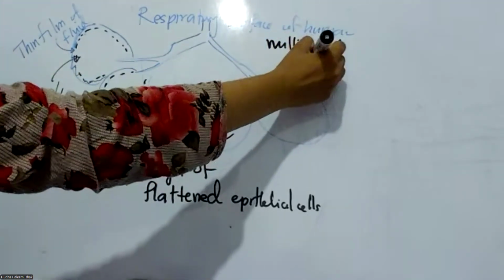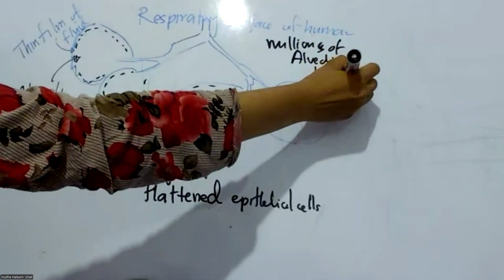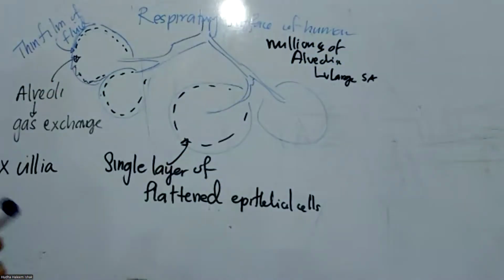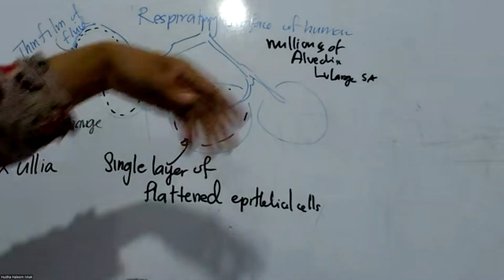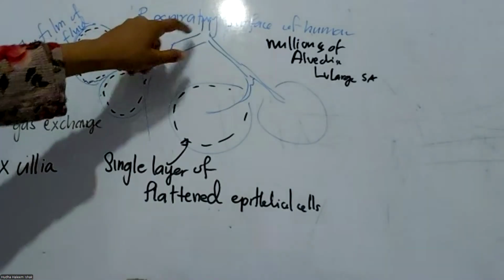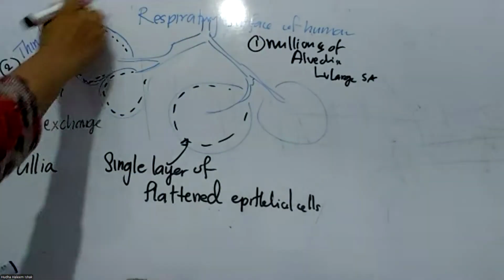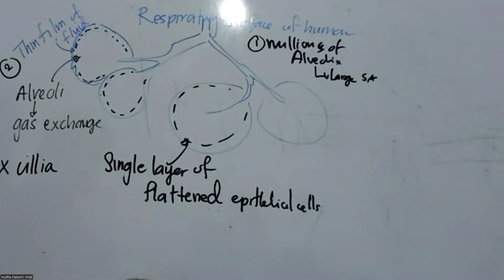We have a large surface area, because it consists of millions of alveoli. So this is the first character we studied under the respiratory surface. And the second character is the thin film of fluid.